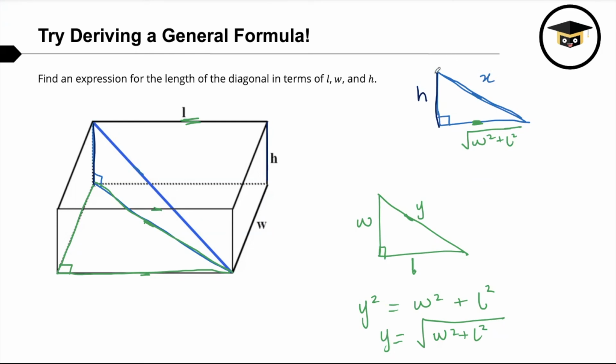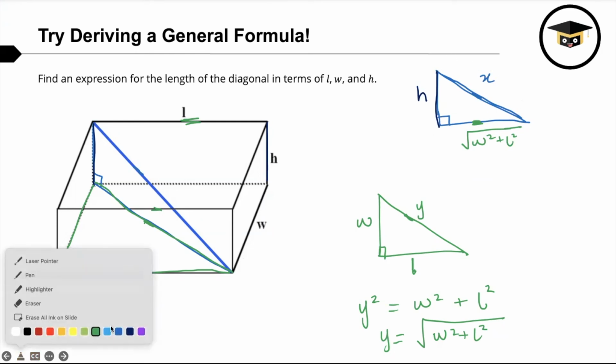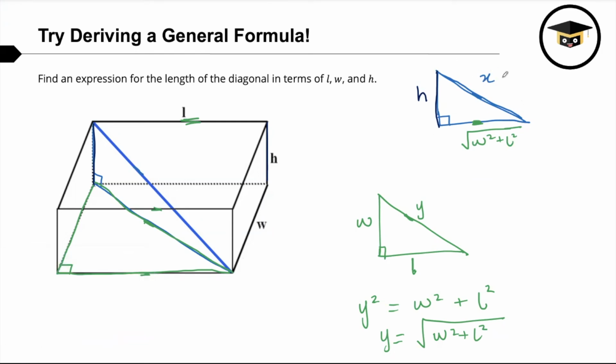Now, we write an expression for this blue triangle. So we can say that the hypotenuse squared for this triangle, so x squared, is equal to the first short side squared, so h squared, plus the second short side squared. Now that means it would be the square root of W squared plus L squared, and we're squaring that. As I mentioned in the previous slide, whenever we square root something and we're squaring it again, we're just undoing the square root basically.